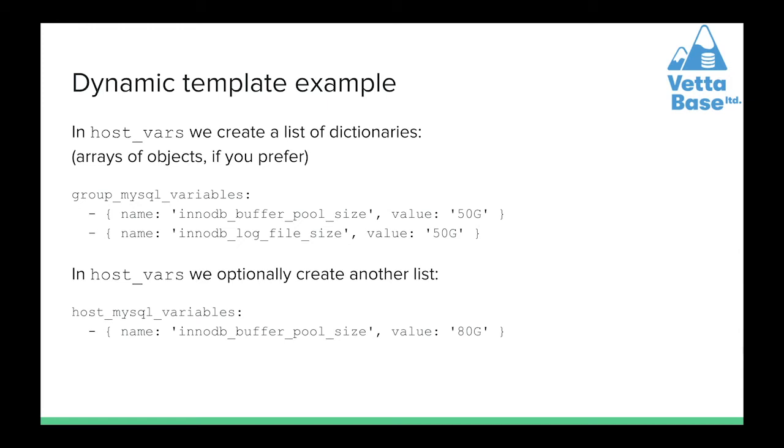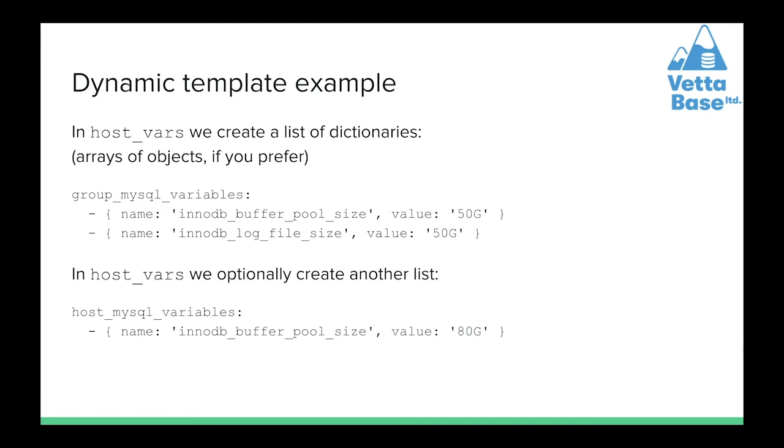So in host vars, in the files of the variables, we can create a list of dictionaries, okay? Or if you prefer this terminology, an array of objects. In YML, we prefer to say a list of dictionaries, which is Python terminology.